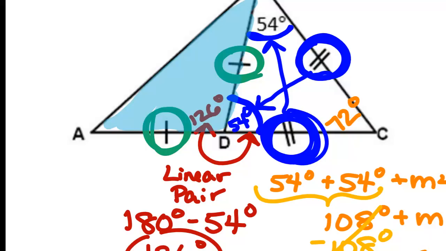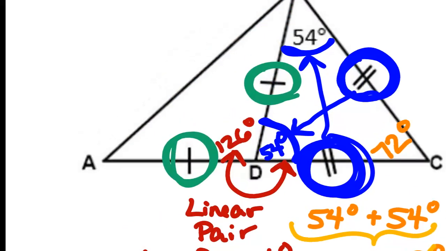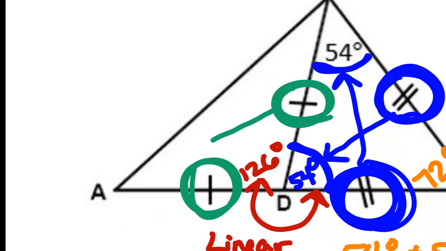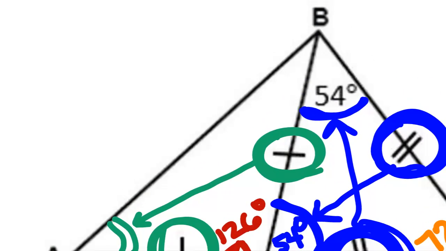Is it opposite my two congruent sides? No, it touches my two congruent sides. I want the angles that are opposite those two congruent sides. So one of those angles would be this one down here, and the other angle would be this one up here.